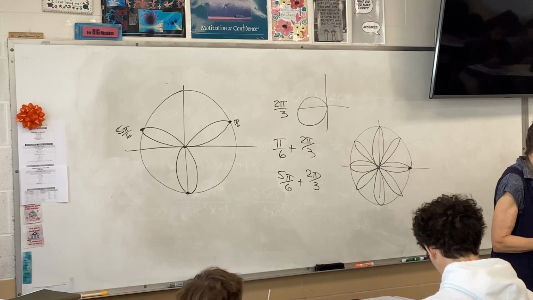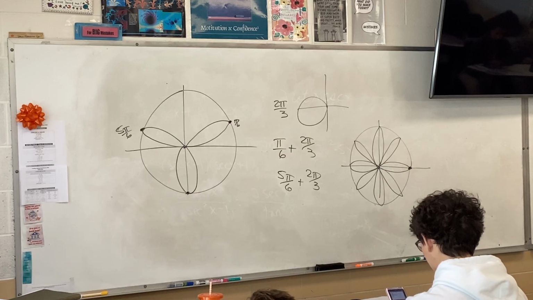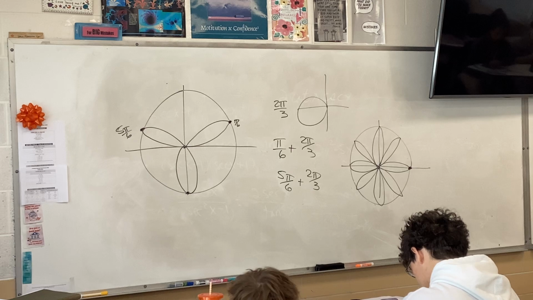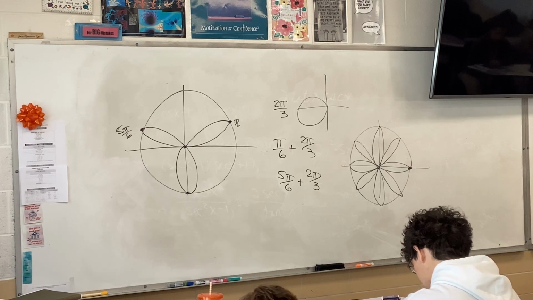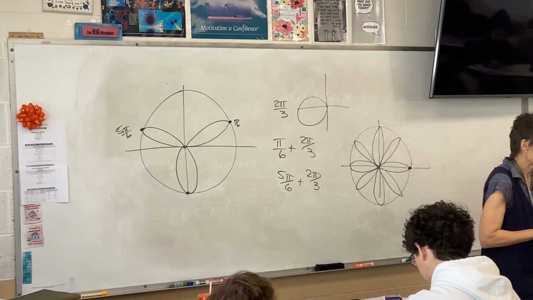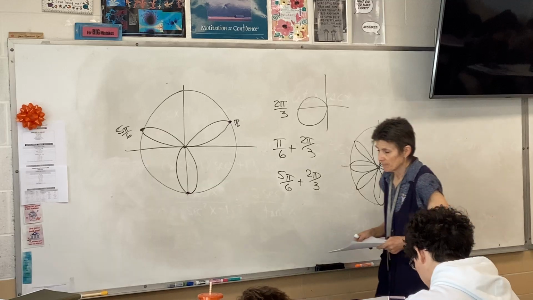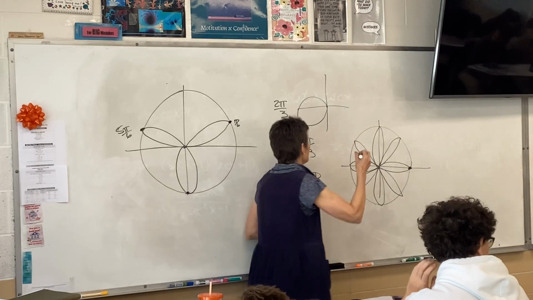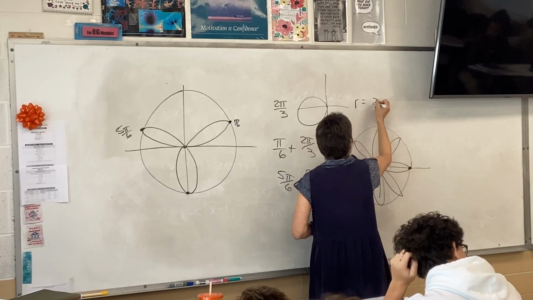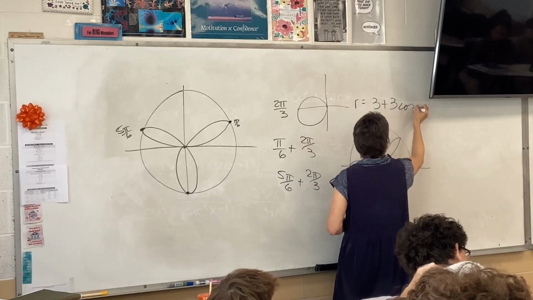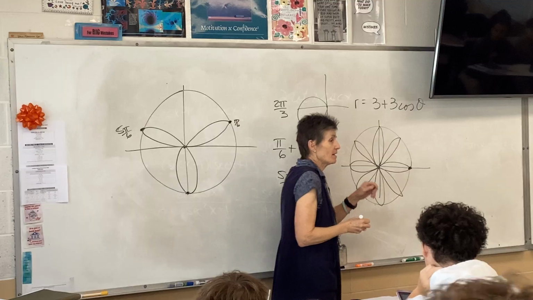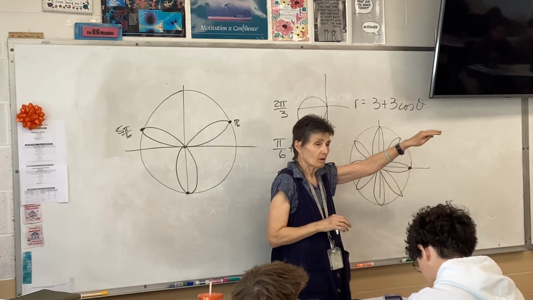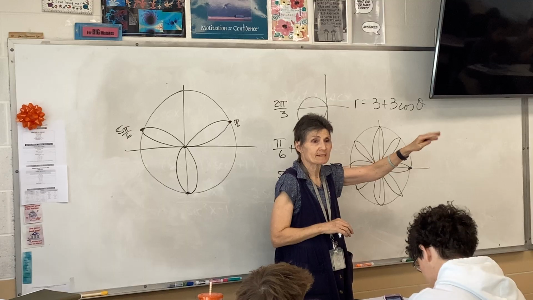I don't know if this is true for all of them, but it's like 3 plus 3 is 6. It's like 6 away from the original. Absolutely. No, that makes perfectly good sense. Cole has observed that when we have one like this, the farthest point out on the limaçon was at 6.